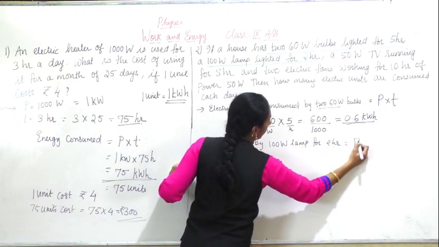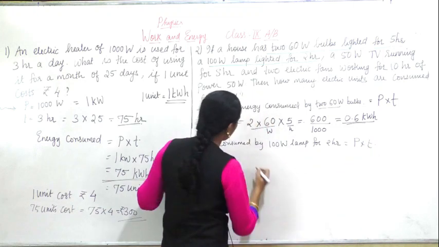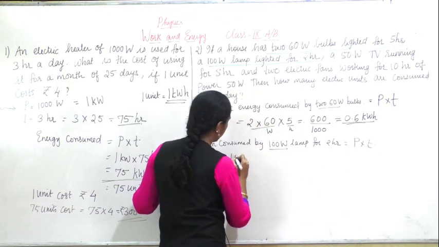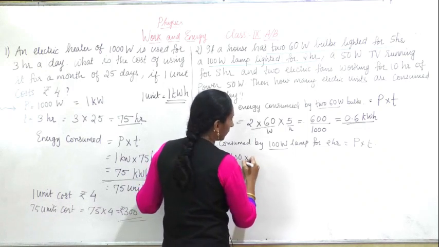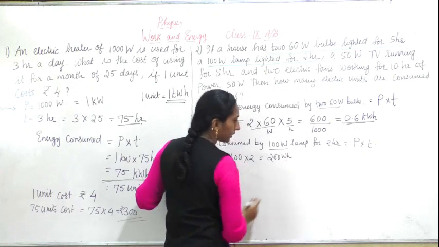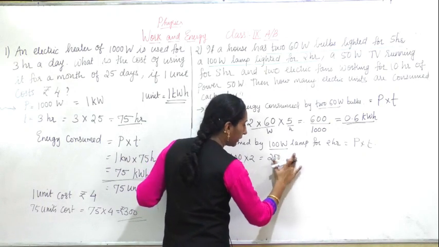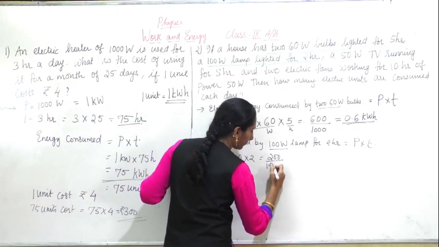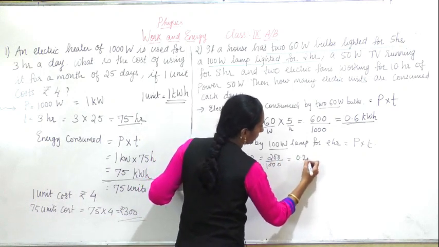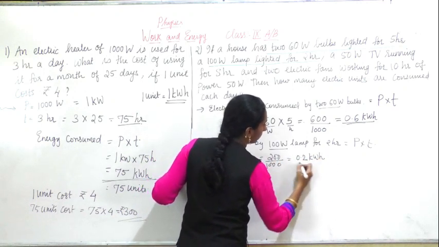What will be power into time? Only one bulb, so it is 100 watt power into time 2 hours, so you will get 200 watt hour. Again we want kilowatt hour, so you will divide it by 1000, the decimal shifts 3 places again, and you will get 0.2 kilowatt hour.